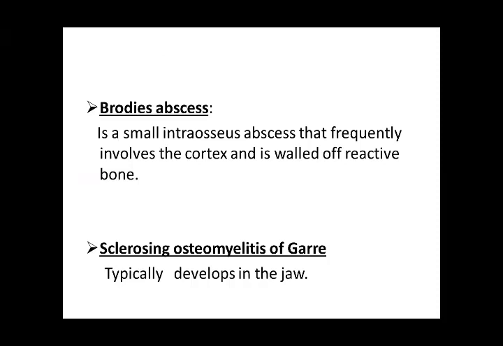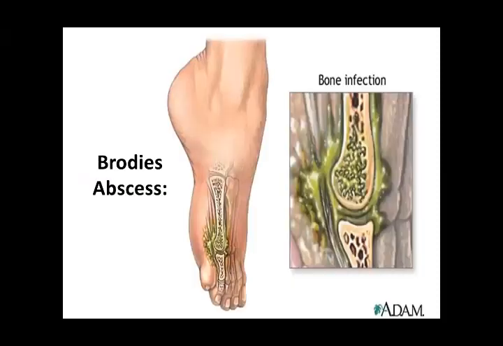Brodie's abscess is a small intraosseous abscess that frequently involves the cortex and is walled off by reactive bone. And then there is another term, sclerosing osteomyelitis of Garré, which typically develops in the jaw. Brodie's abscess is how bone infection occurs in a small bone.